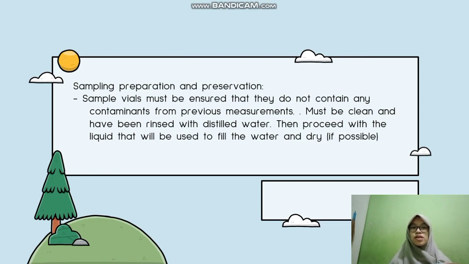Therefore, the container must not be one that was used in a previous analysis. It must be clean and rinsed with distilled water, then rinsed with the liquid that will be used to fill it, and dried, if possible.